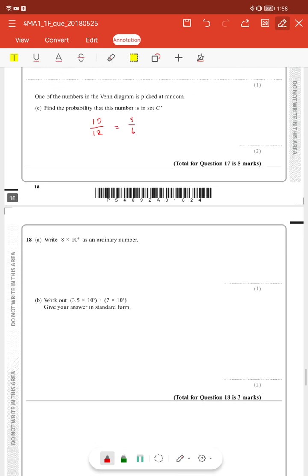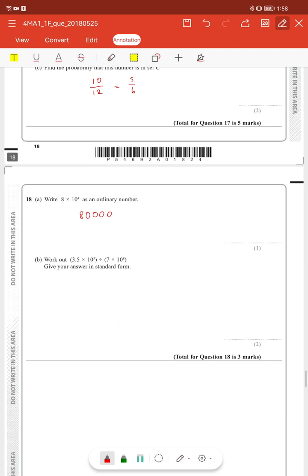So 10 out of 12 is the same as 5/6. Right, this is an ordinary number, so that'll be 10 to the power of 1, 2, 3, 4. So it'll be 80,000. And this would be the same as 1, 2, 3, 4, 5 divided by 7, 1, 2, 3, 4, 5, 6, 7, 8.